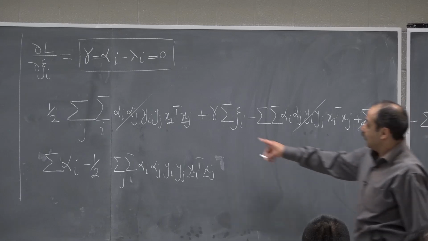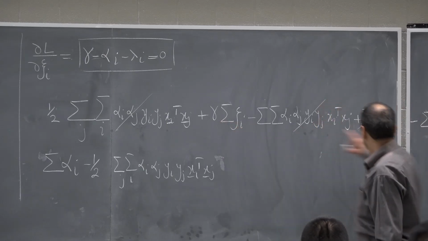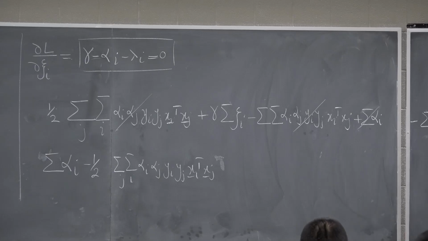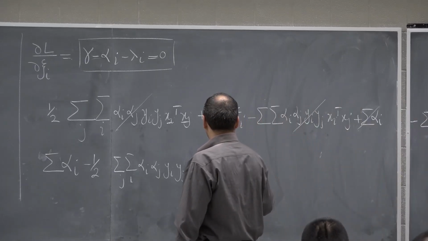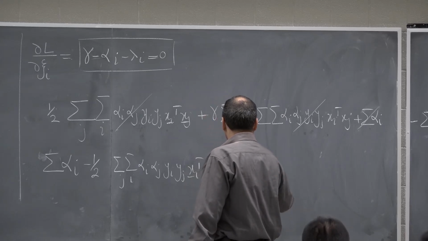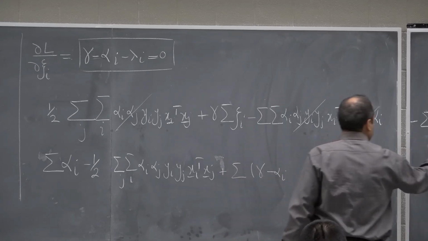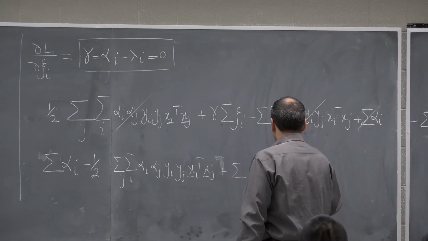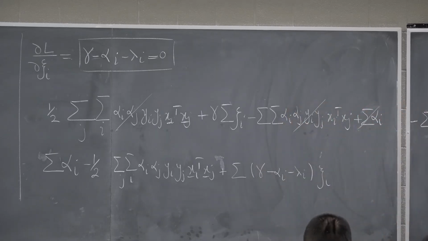Now I have these three terms, and all of them have this zeta. If I factor out this zeta, I can write it as gamma minus alpha_i minus lambda_i, times zeta_i.